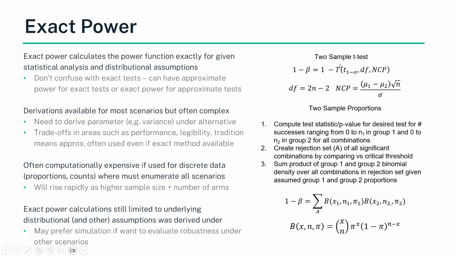And then, with our critical alpha, 0.025 or 0.975, you're using 1 minus alpha. And then our NCP is basically our standardized effect size times square root of n. You run this through a non-central t-distribution with the critical test statistic, the degrees of freedom, and our NCP, and that will give us the power. So it's not that complicated.